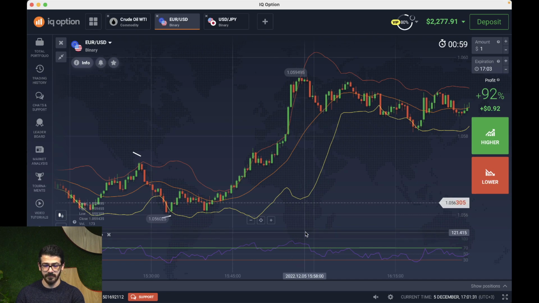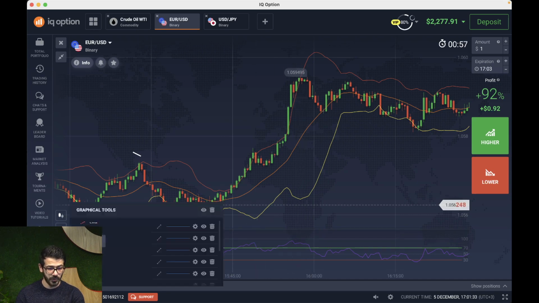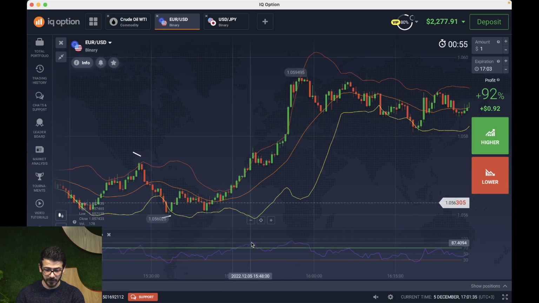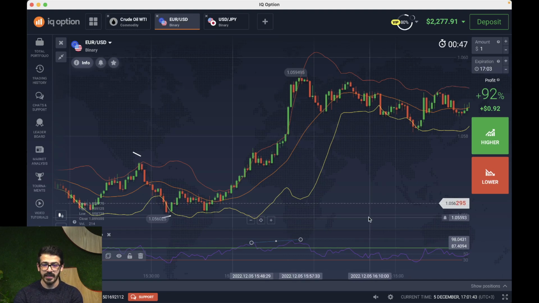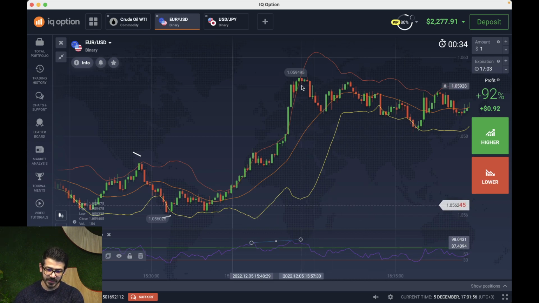Because they're moving together, if we draw a line to make it more clear for us, we draw a line like this, and we see the line is going in an uptrend, and these peaks are becoming higher. So this basically tells us it is going to be a bullish convergence. So the trend is supposed to continue in a bullish direction. But at the same time, we see that the candlesticks are outside.